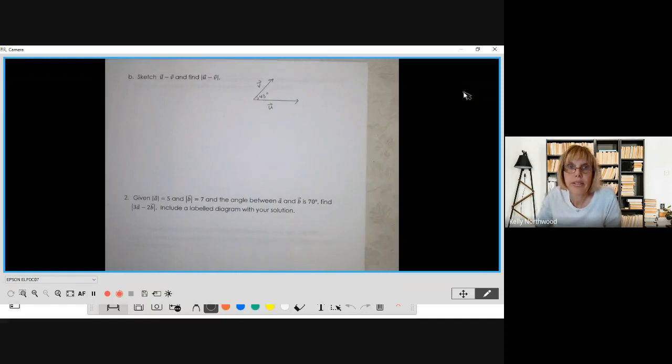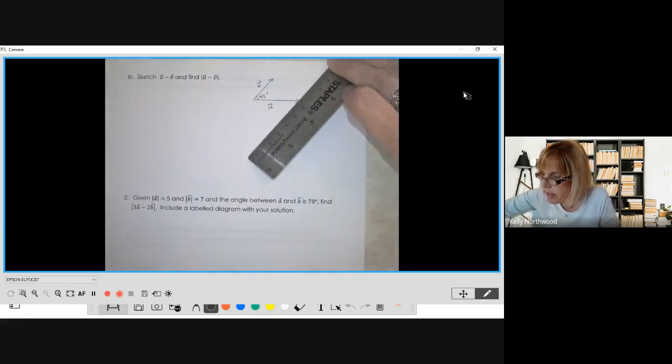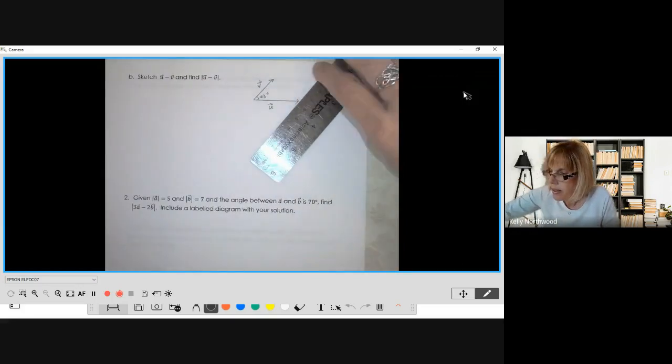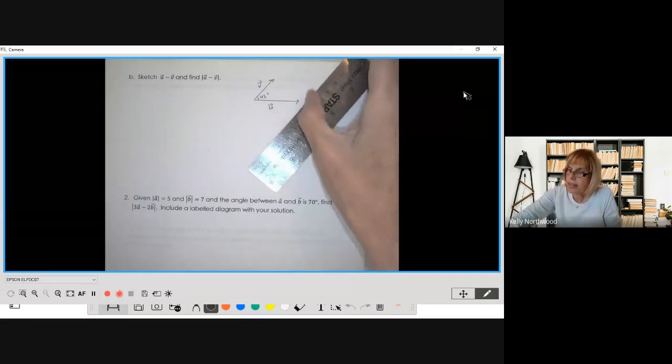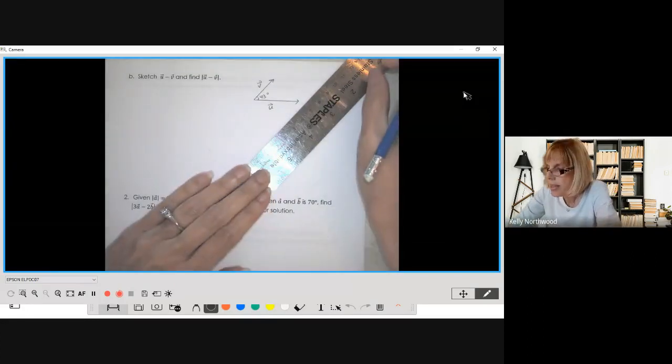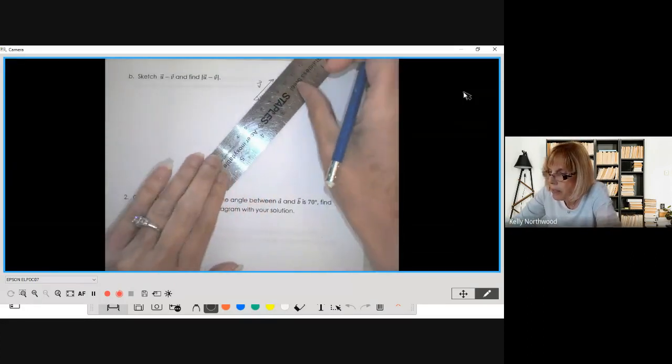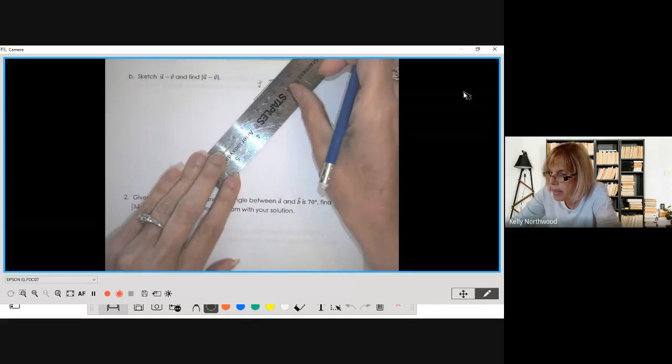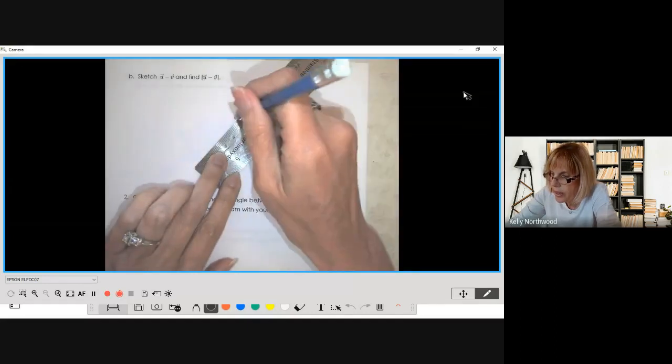So this time I want to find vector u, subtract vector v. So remember when we added vector v, we just moved it here. So again, we're going to subtract also tip to tail, but the opposite of vector v is going to be the same length, but this direction.